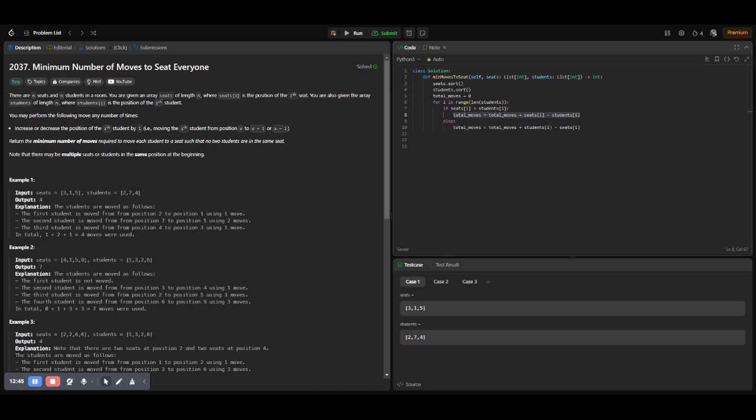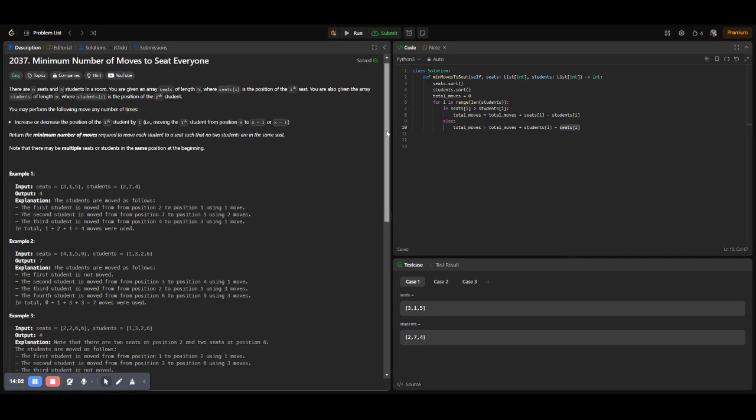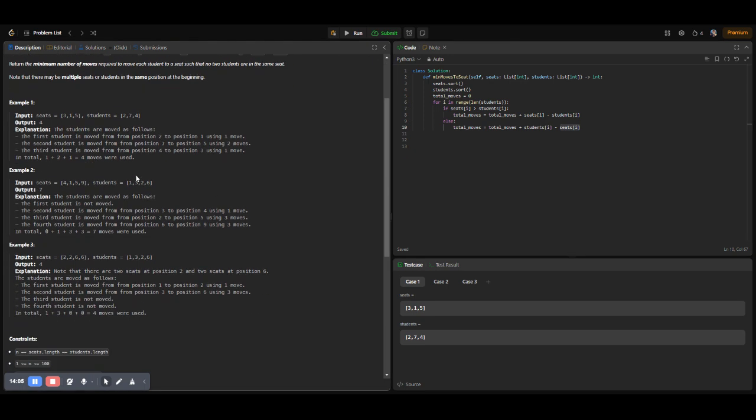Same thing here, 2 minus 1. For the second student, 4 minus 3. For the third student, 7 minus 5. Let's consider an example where the position of the seat is higher compared to the student.